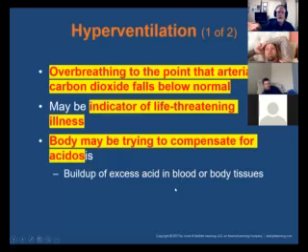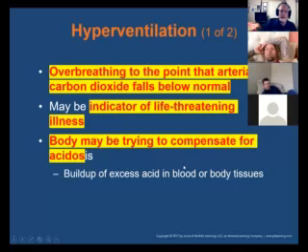As CO2 goes up, the pH goes down. They work in opposition. The pH, the hydrogen ion concentration, falling below normal is acidity, or your patient being acidotic. So the CO2 level goes up, and the pH goes down.